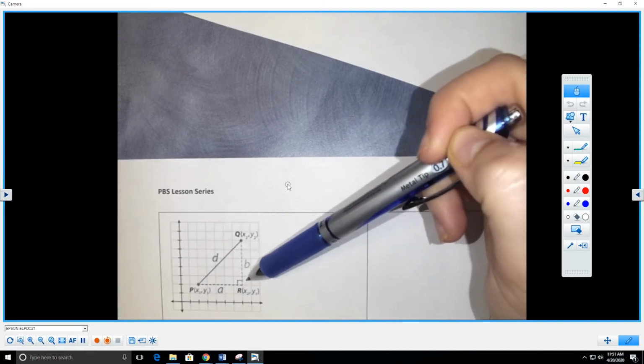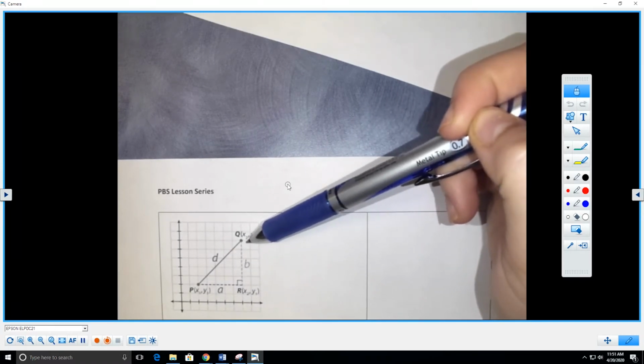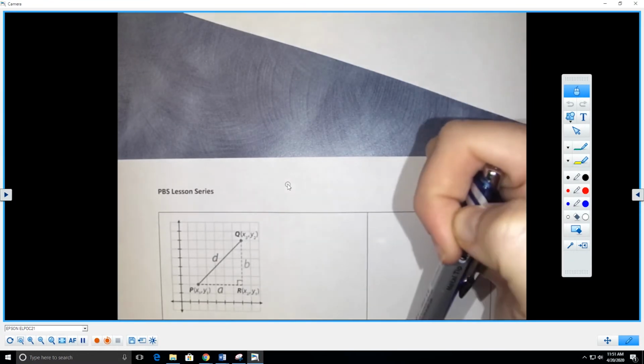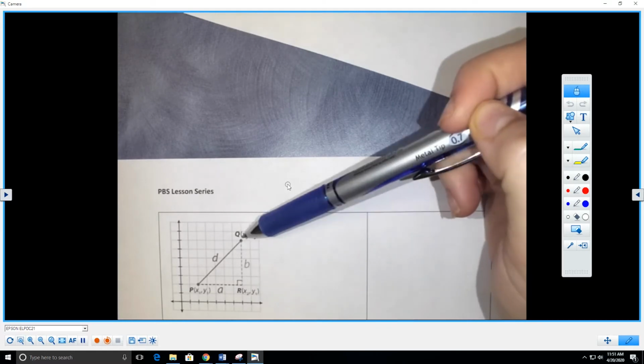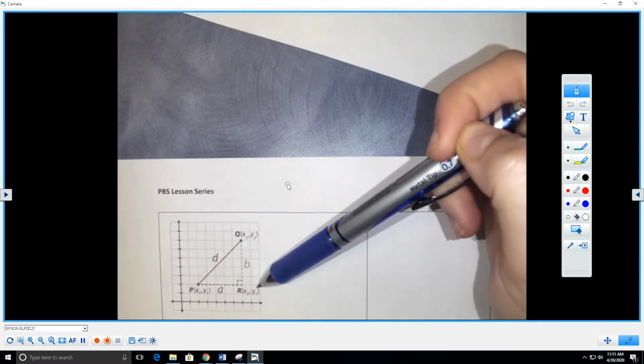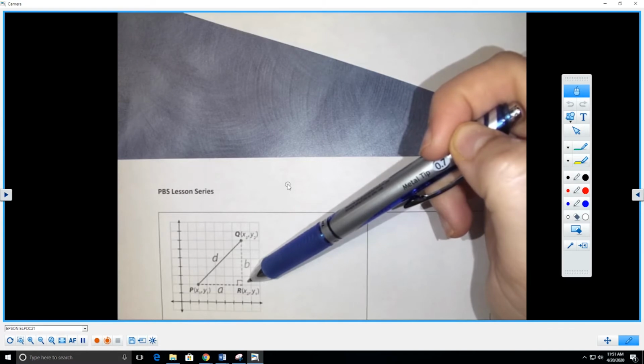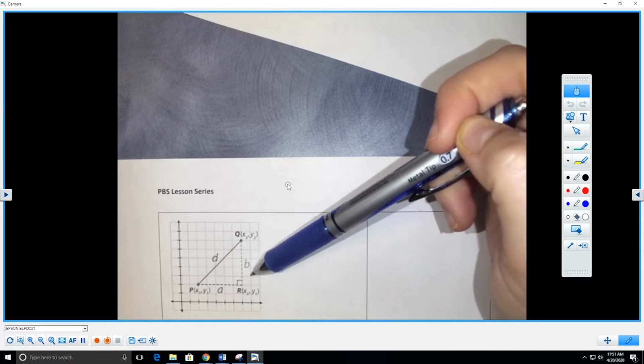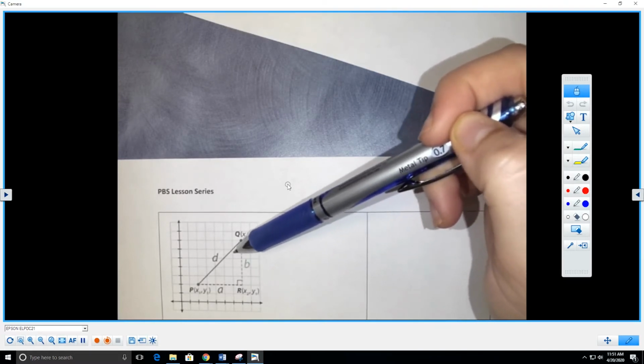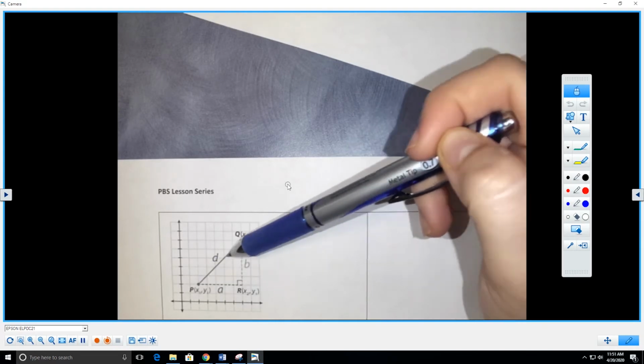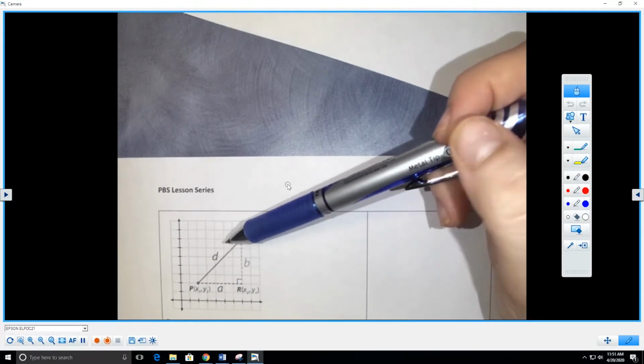Since QR is a vertical segment, its distance is going to be the difference between the y coordinates. So therefore, B is going to equal y2 minus y1. Okay? And so then you'll use the Pythagorean theorem to find the length D, the length of segment PQ.